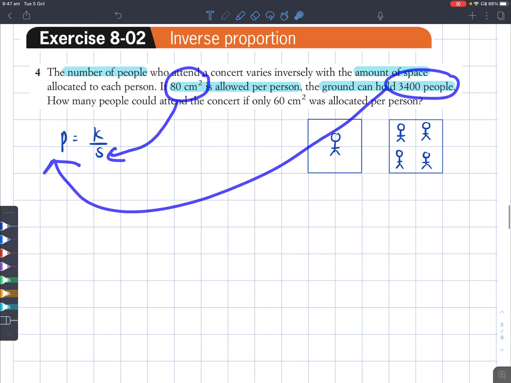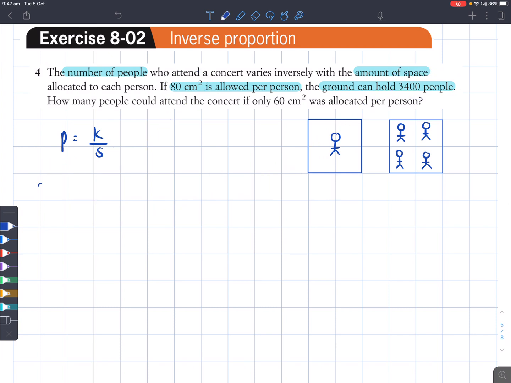So we're going to substitute those 2 things in. So 3,400 equals K over 80, which means that as I multiply 80 over, I will get my K value as 272,000.